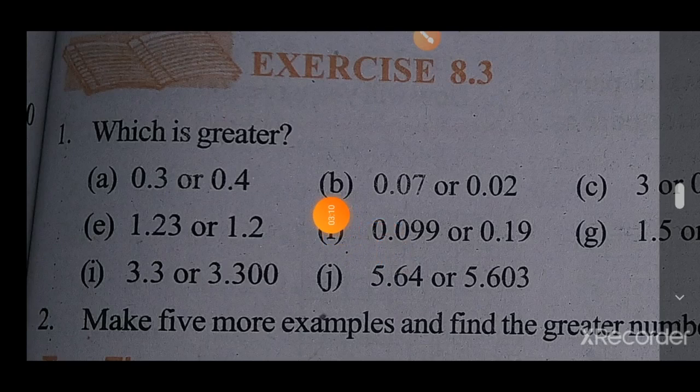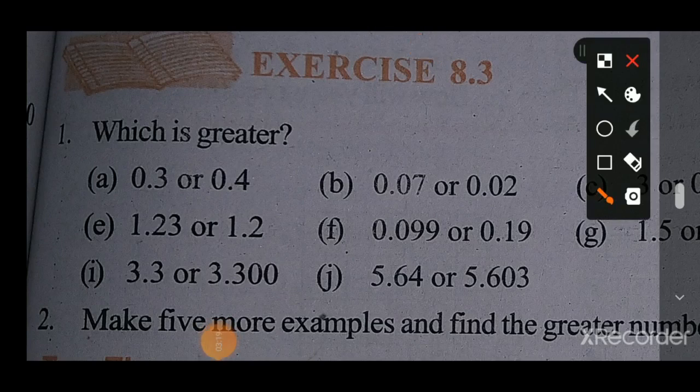Now the part B, 0.07 or 0.02. In between these two, which one is a greater number? So again in solution we can write it is 0.07. This is equal to 0.07 upon 1.